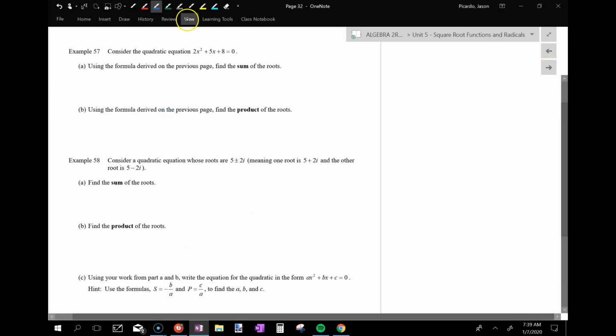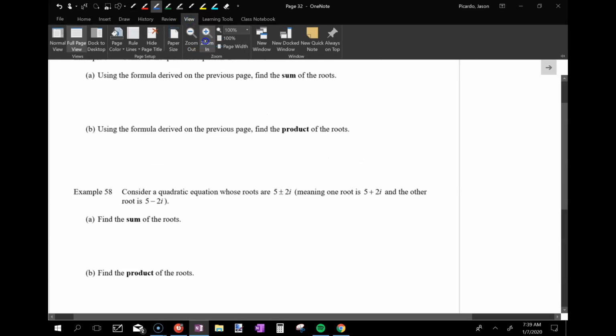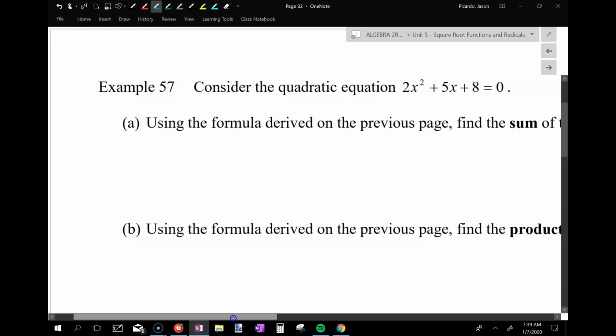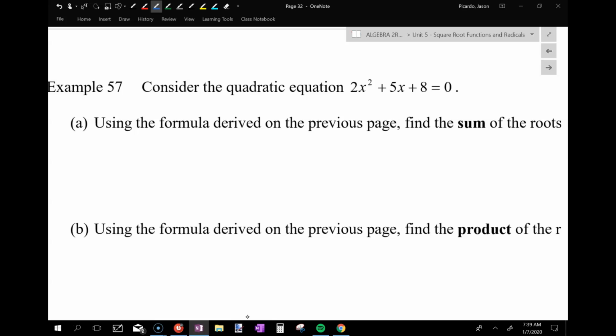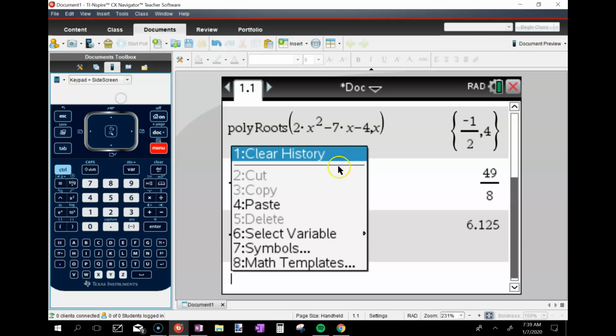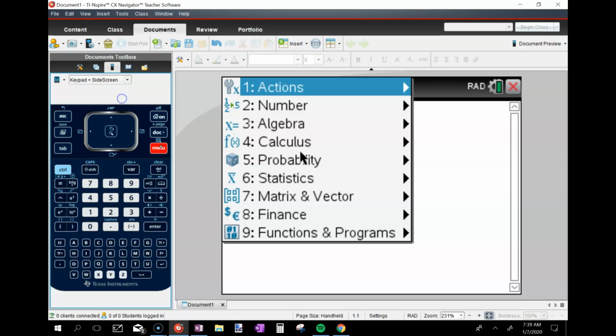Here I give you a quadratic. Does that quadratic have roots? Well, if I asked you that question, Jamie, what are the roots of that quadratic? You're going to use your calculator, and you're going to polyroot it. 2, 5, and 8. So Jamie's going to go to her calculator.